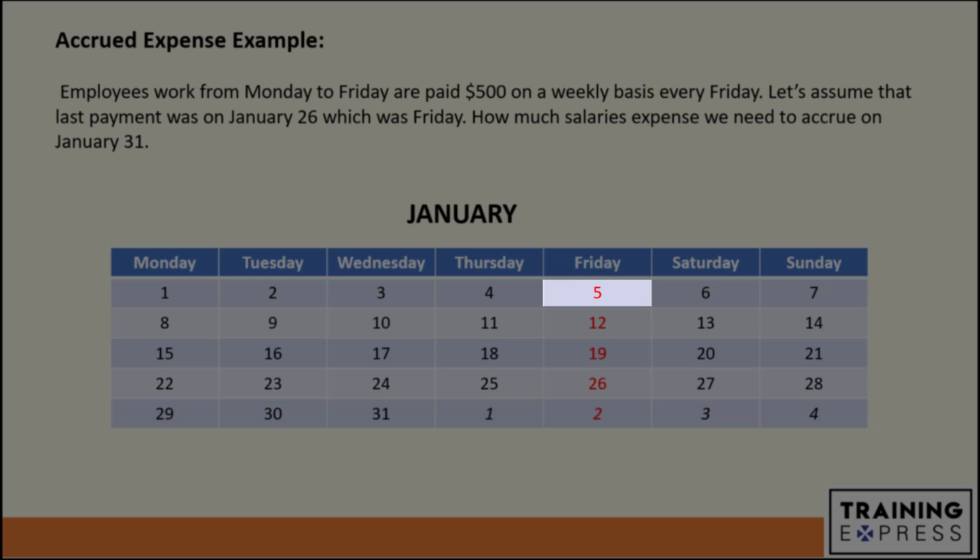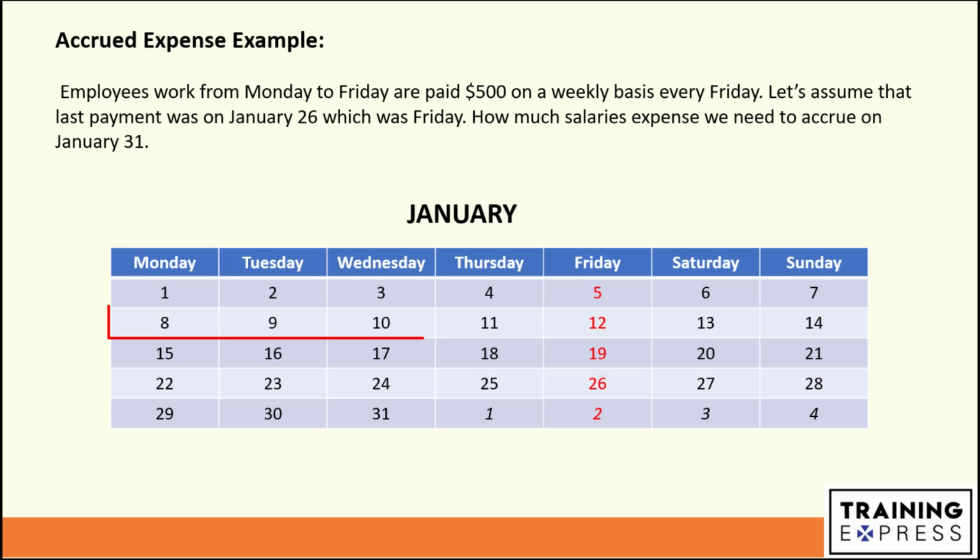And they are also paid on Friday. Now you will see that from January 1 to January 5, they worked for 5 days and they were paid on Friday, 5th of January. Then in the next week, they worked from 8th of January till 12th of January and they were paid on Friday, 12th of January.